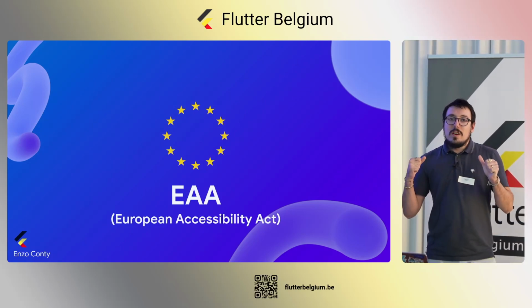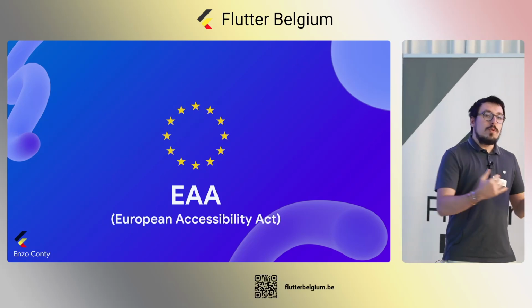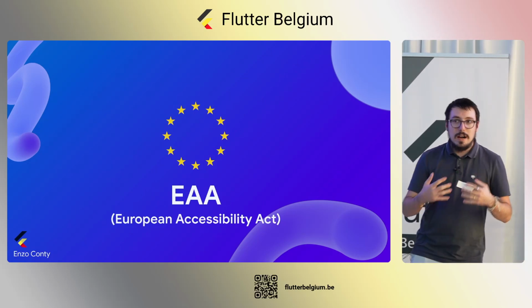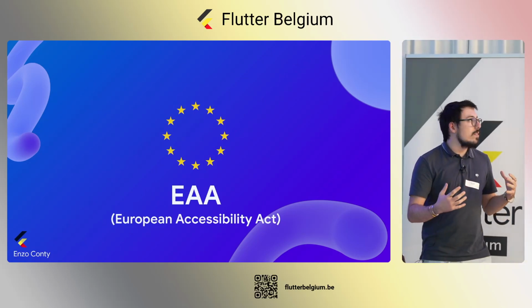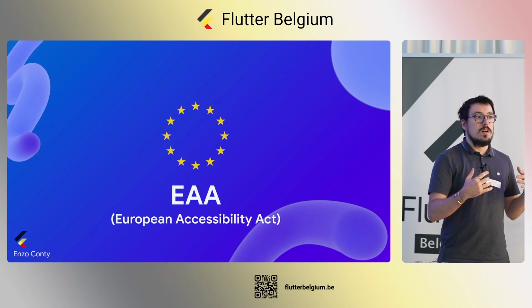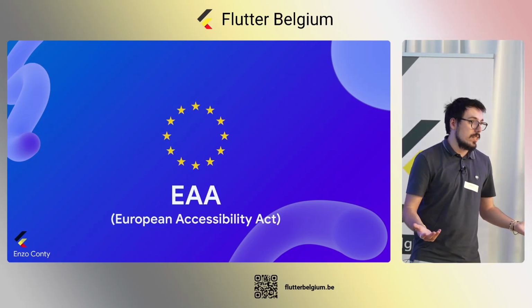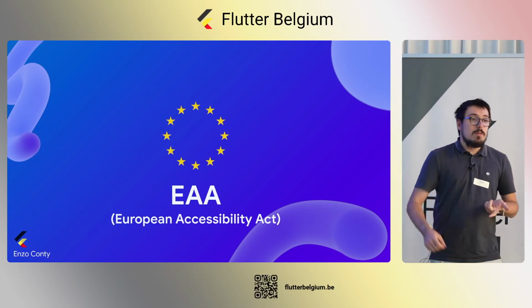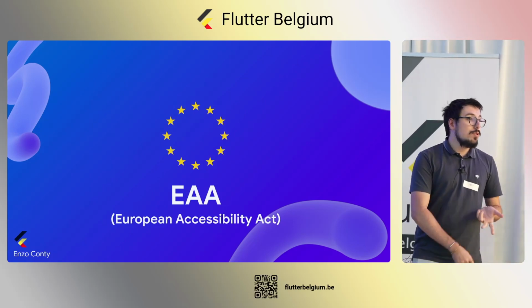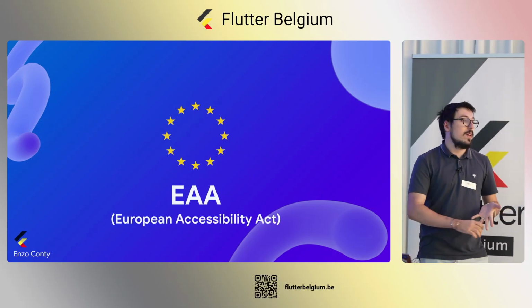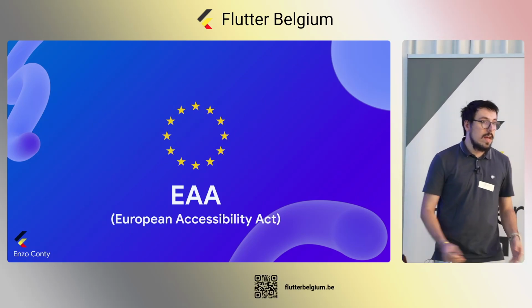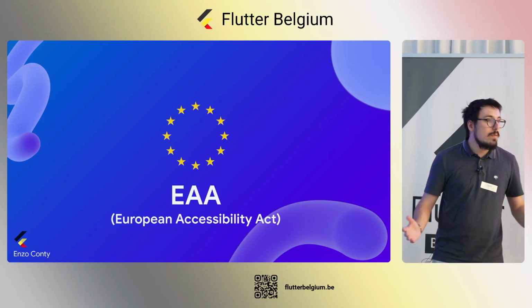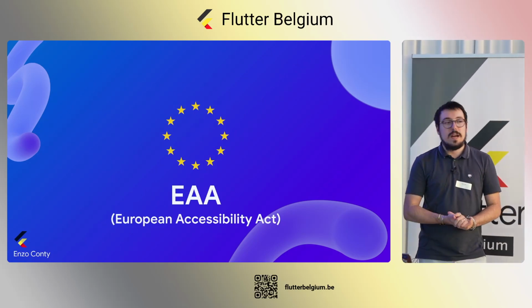So starting 2025, if you want to create a new product, it will have to have some kind of accessibility features. It will have to support some kind of accessibility to go public, basically. We're talking about ATMs, ticket distributors, banks, basically everything digital, everything that you interact with every day will have some kind of accessibility.